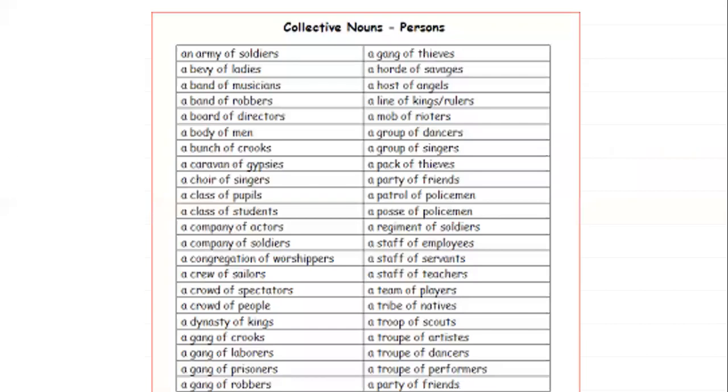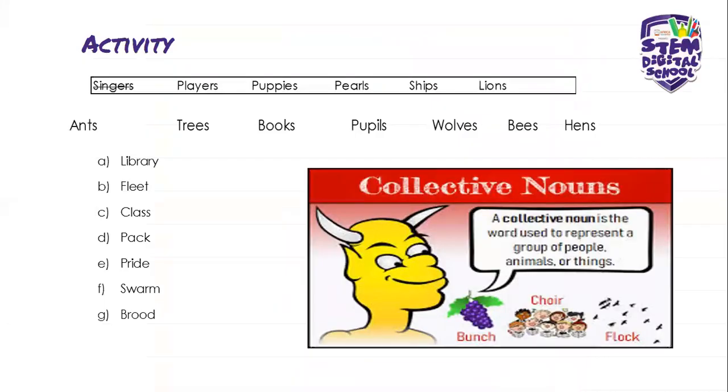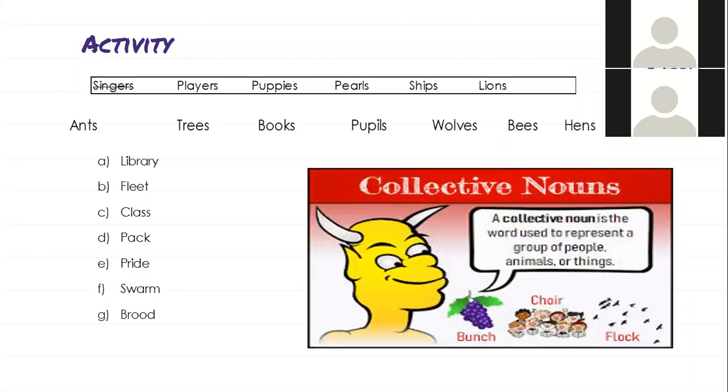Now, let's continue. For our activity, we have the words: players, puppies, pals, sheep, lions, ants, trees, books, people, wolves, bees, and hens.